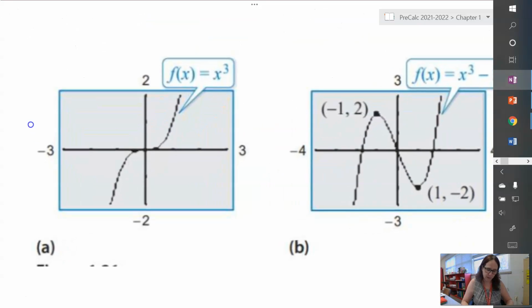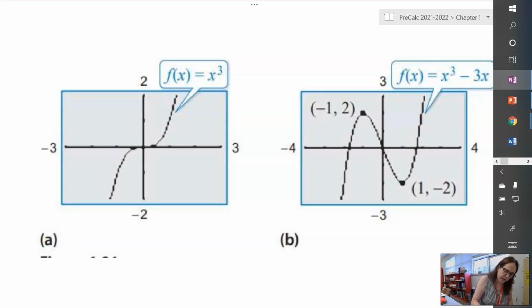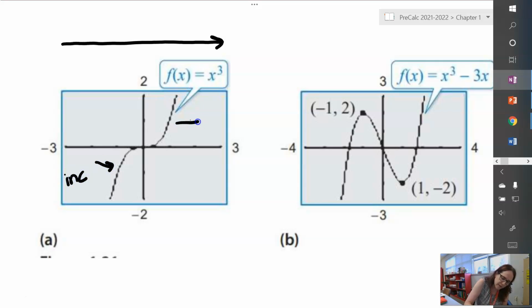So when I look at this graph, going from left to right, this is increasing in here. Also increasing in here. Now the question is, what about right in here? Doesn't that look like it's flat going across there?